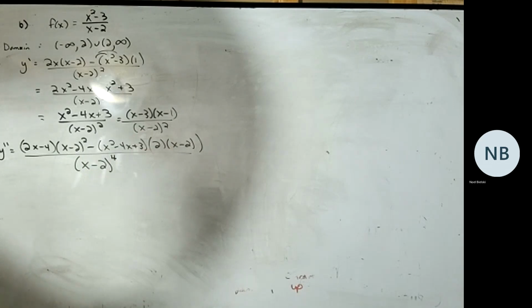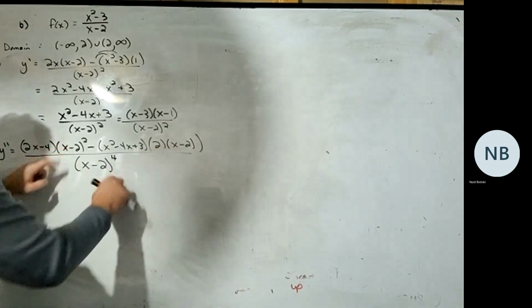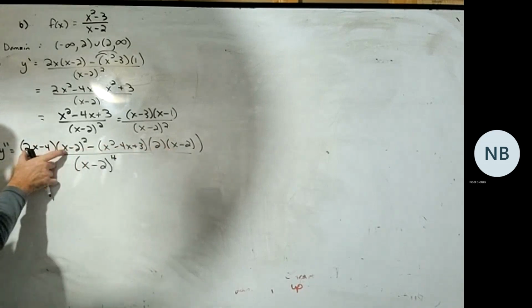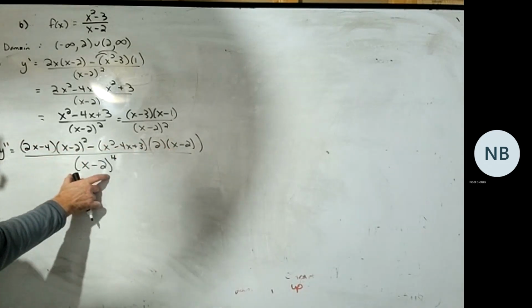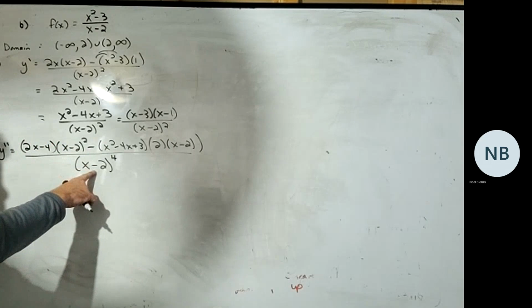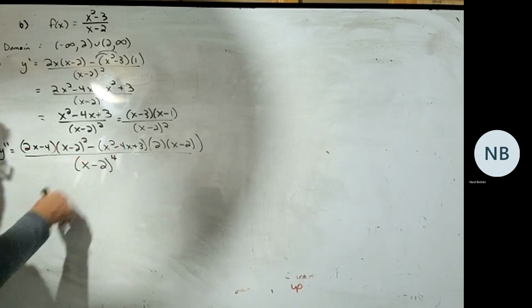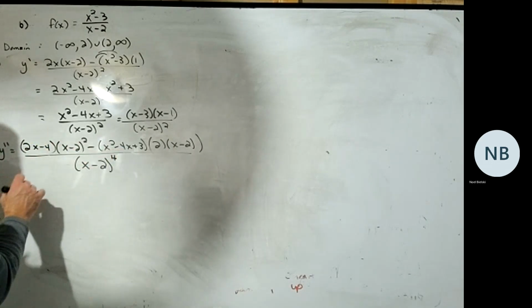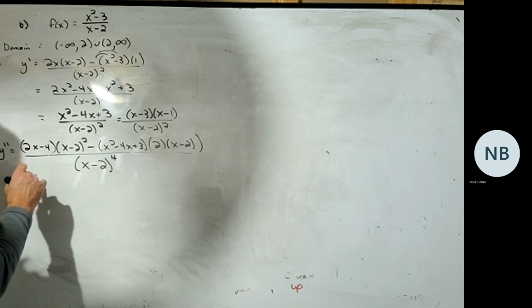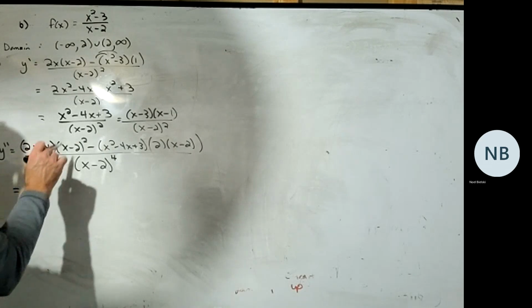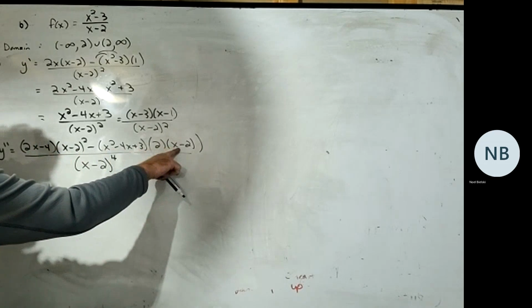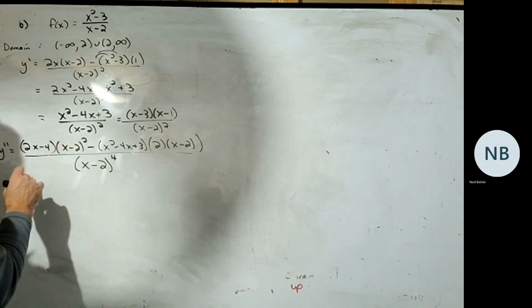Well, here's something that's kind of nice. I see an x minus 2 in all these spots. This is all multiplication. So if I cancel an x minus 2 from one, I can do it as long as I do it from all three spots. Since this only has one of them, I can only take one for every spot.